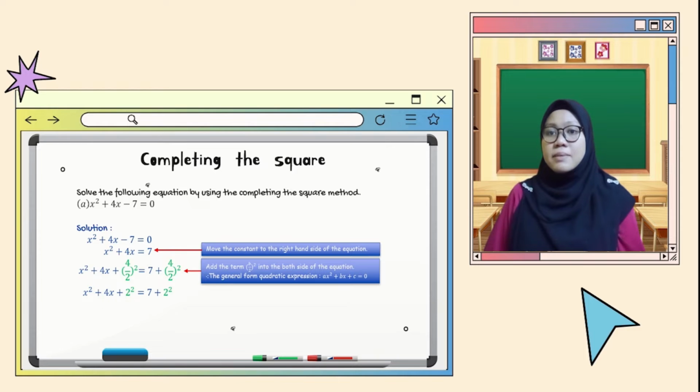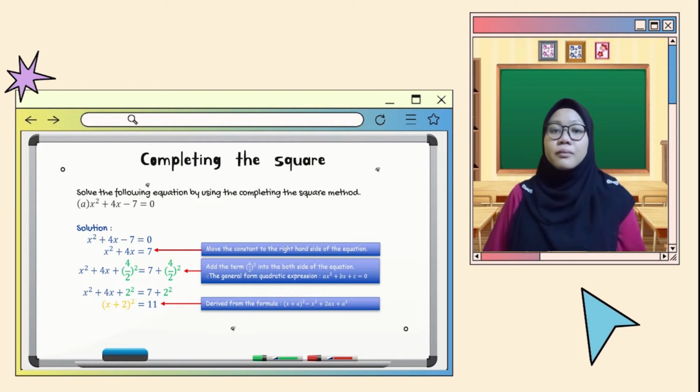For the right side, simply solve for the answer, and for the left side, we can simplify it to become (x plus 2) to the power of 2. This is derived from the formula shown here in this slide. Then the last step, we solve for the values of x, and this will be the value of x. Moving on to question B.